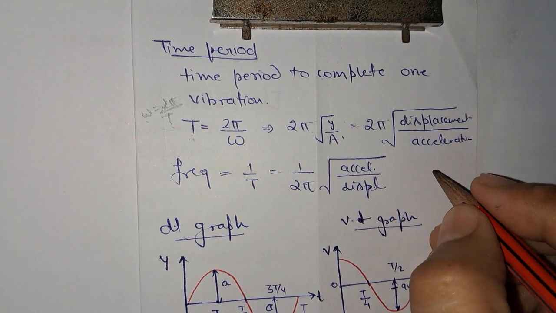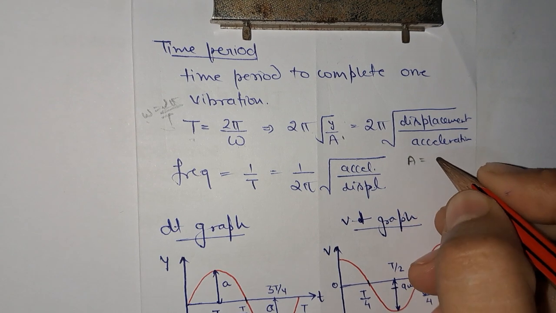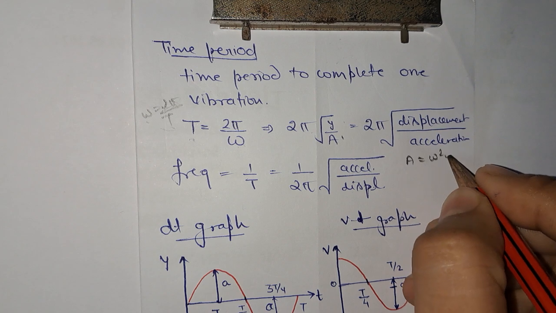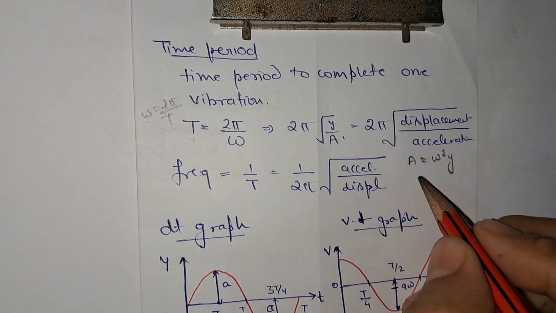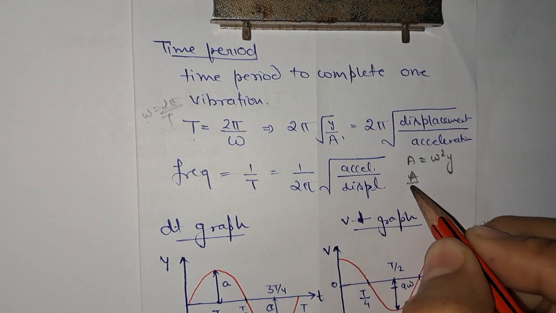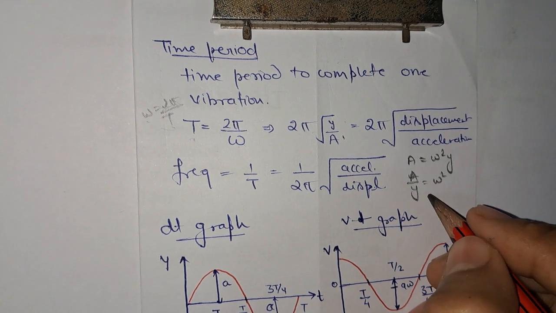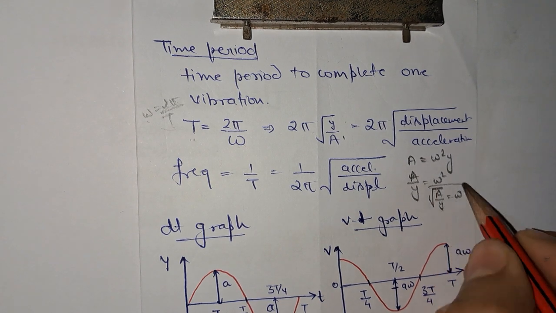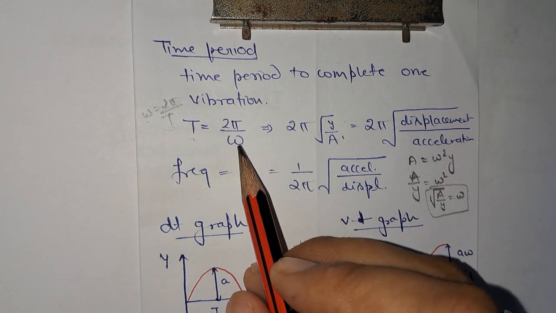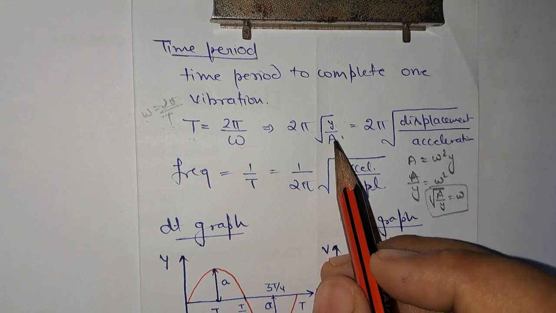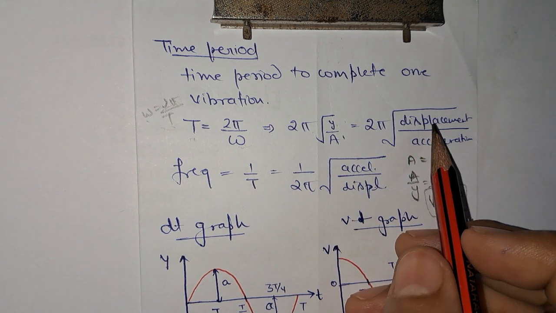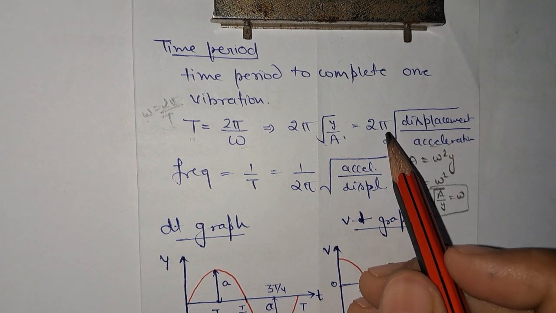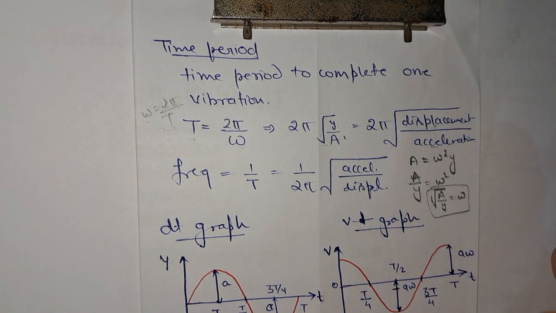The formula for acceleration was omega square y, ignoring the negative sign. So a by y is equals to omega square, means under root a by y is equals to omega. From this, 1 upon omega gives under root y by a. y is the displacement and a is the acceleration. So time is equals to, for simple harmonic motion, 2 pi under root displacement upon acceleration.